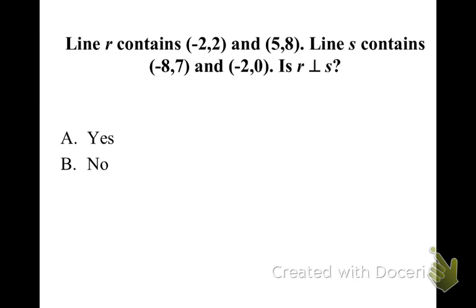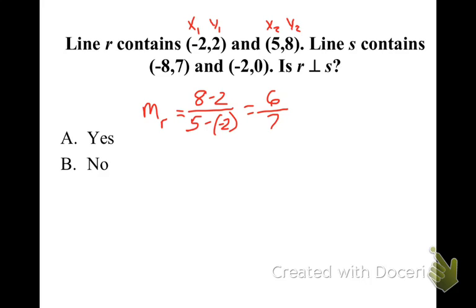How about line R containing these 2 points, line S containing these 2 given points? Check to see if they're perpendicular. So slope of line R, we're going to use x1, y1, x2, y2. The slope of line R, 8 minus 2 over 5 minus negative 2. That's 6 over 7 is our slope for line R. Now let's look at our slope for line S. Here's my x1, y1, x2, y2.